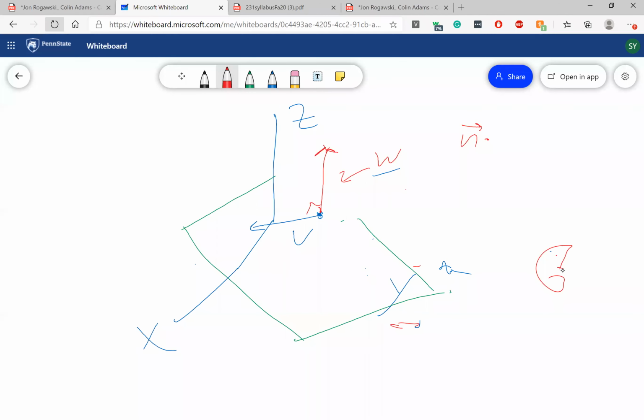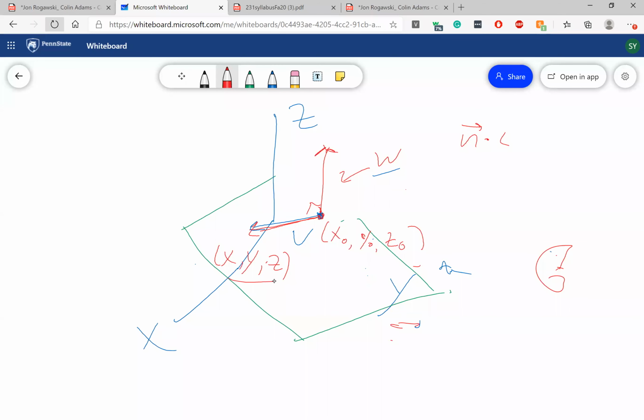So let's imagine that this is the point x0, y0, and z0. So that's this point over here. And then we're looking for this vector. And this is the vector pointing to any other point in the plane. So it's the vector pointing to any other point x, y, z.